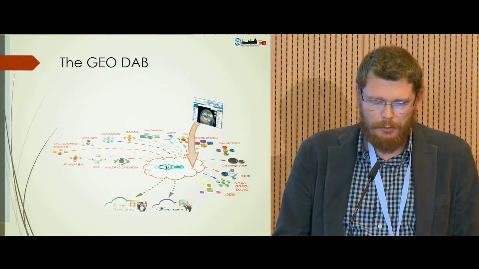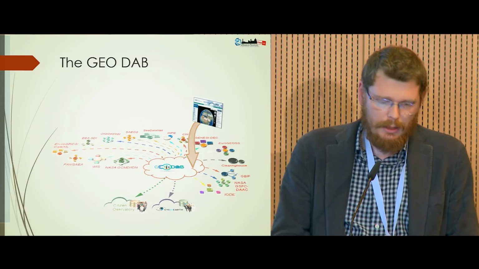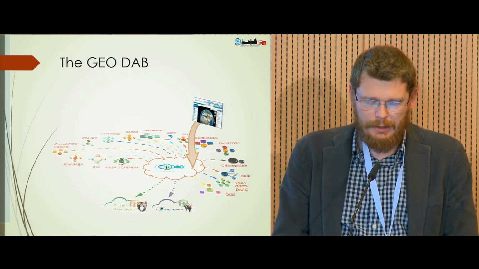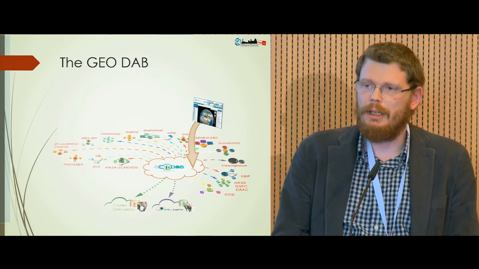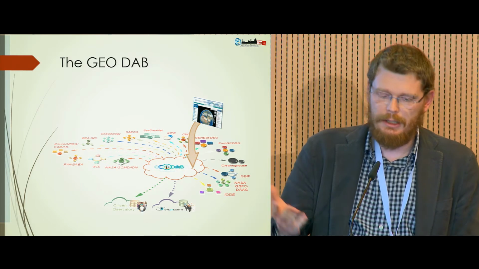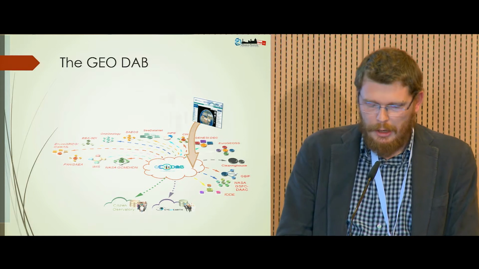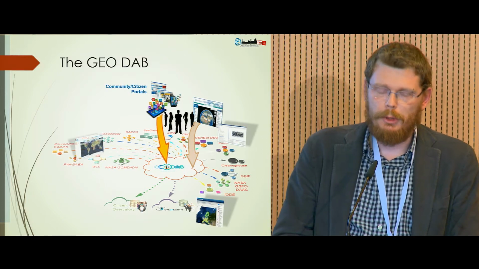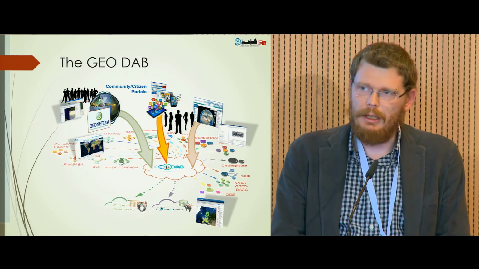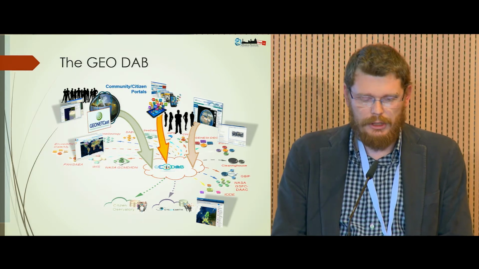I'm going to focus mainly on the GeoDAB, which enables the interconnection of the different data providers contributing to GEOSS and is linked to the GEOSS web portal, but not only to the portal, also to other applications using the content of the GCI.